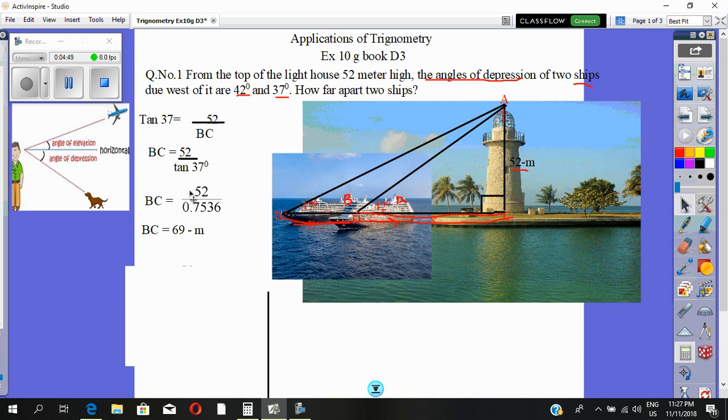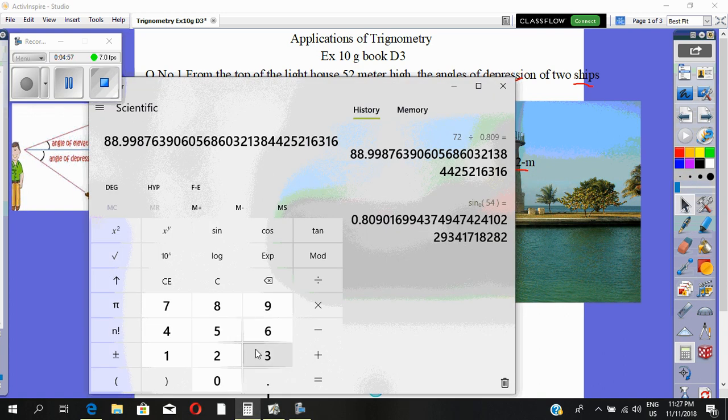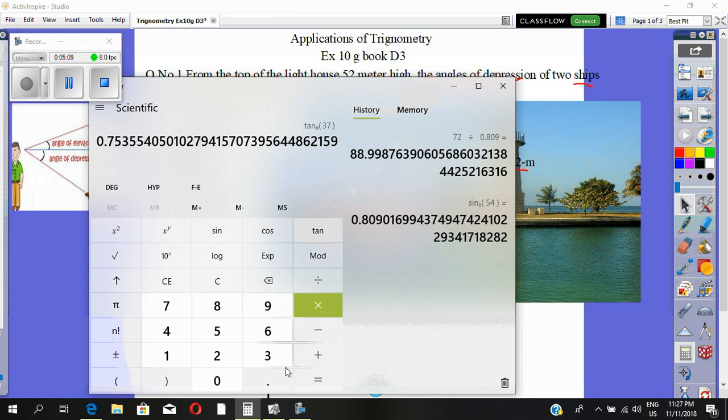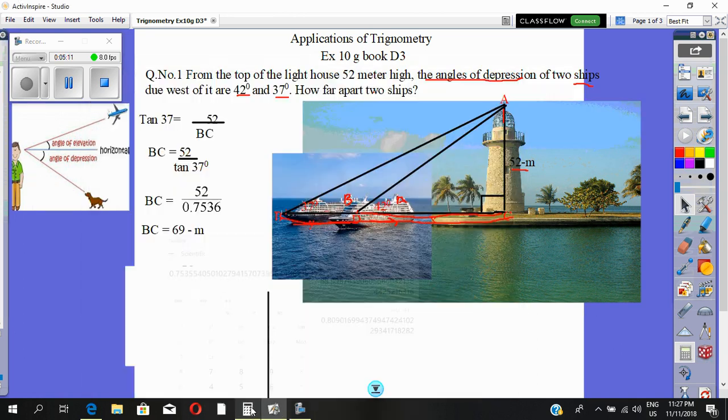When we find tan 37, it gives us 0.75355.